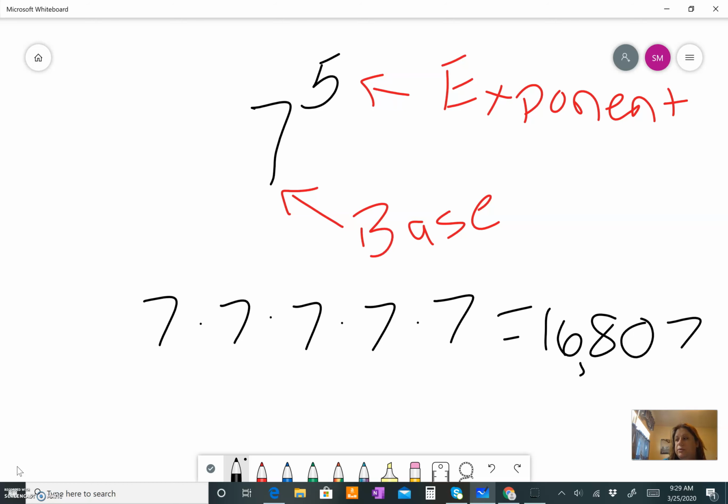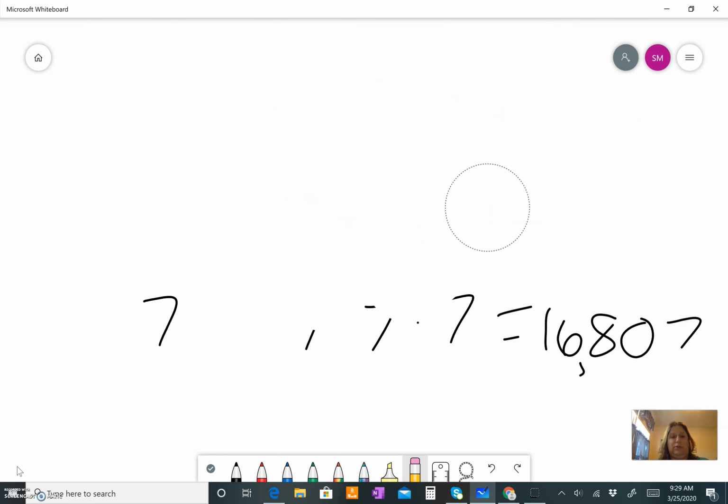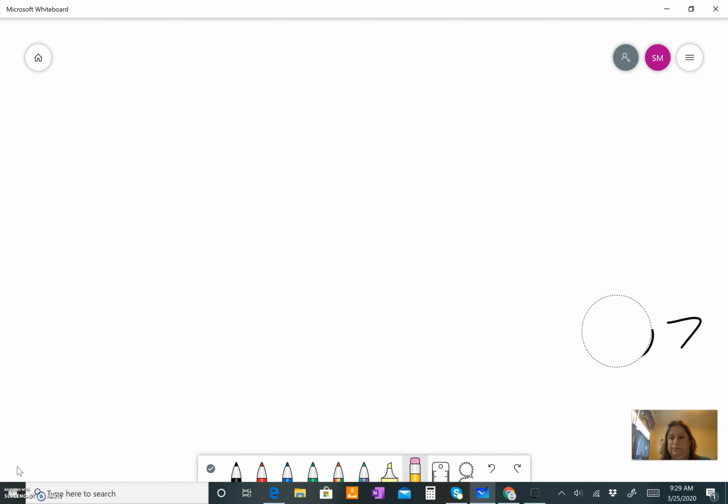I'm going to jump to the third example on the worksheet, so let me erase this. We're going to go to the one with the ones. Sometimes ones trip people up. But you just have to think, I'm multiplying by 1. So 1 to the 3rd power.